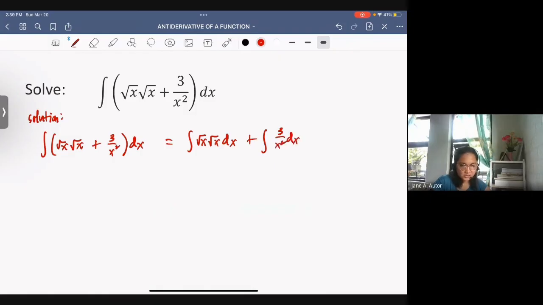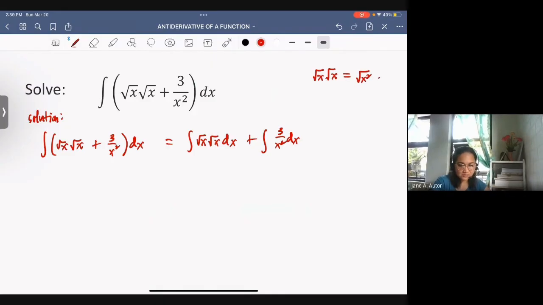dx. So as you can see, we have the square root of x times square root of x. And since they have the same index, we can multiply x and then x. So this will be square root of x. Let me write it here. Square root of x times square root of x means square root of x squared.